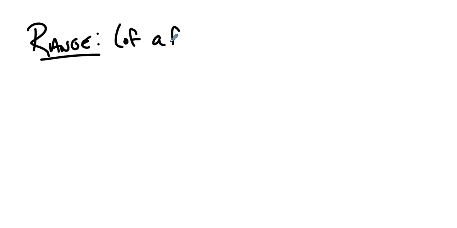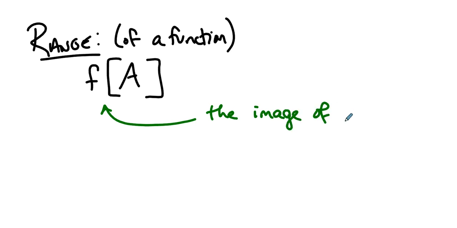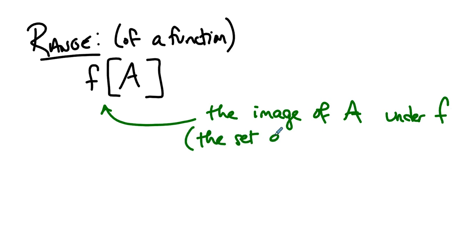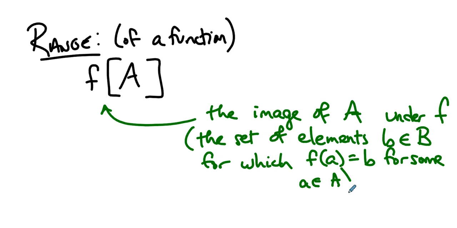The range of a function is f of the set A. When we talk about range, we mean f of the set A. And this means the image of A under f, or if you like, the set of elements b in big B for which f of a equals b for some a in A. That's what we mean when we talk about the range of a function.